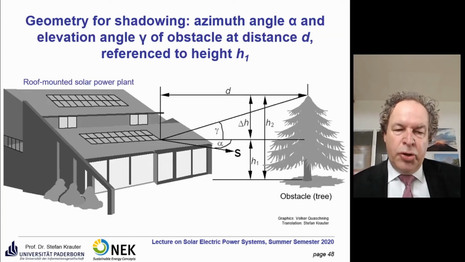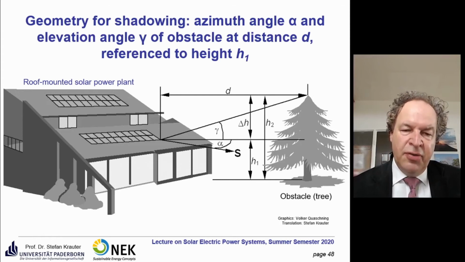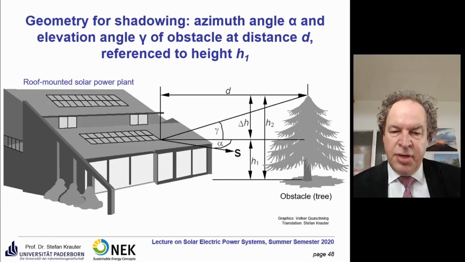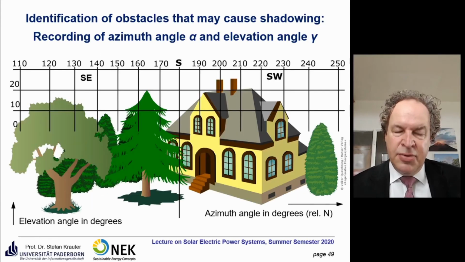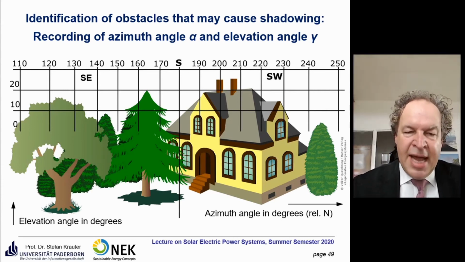Also, it's important to know the geometrical position of obstacles. For example, here for a tree which is in front of the house, you have to know the elevation angle and the height and so on, and we take a little bit closer look into that. In order to find out how it affects your energy yield during the year and during different parts of the day, we just make a plot of your obstacles.